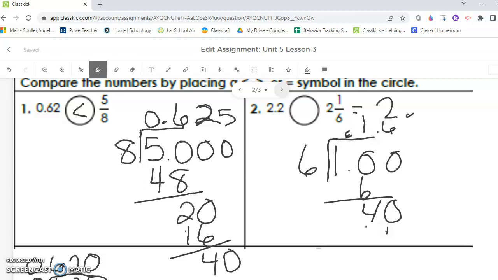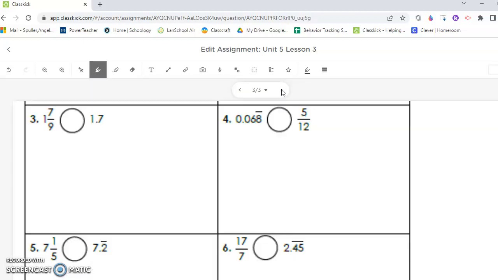That's going to give me 36, which is going to give me 4 again. So that 6 is going to repeat. So I'm going to have 2 and 1 and 16 hundredths with the 6 repeating. So we can already see that 0.2 is greater than 0.1. So there we go.